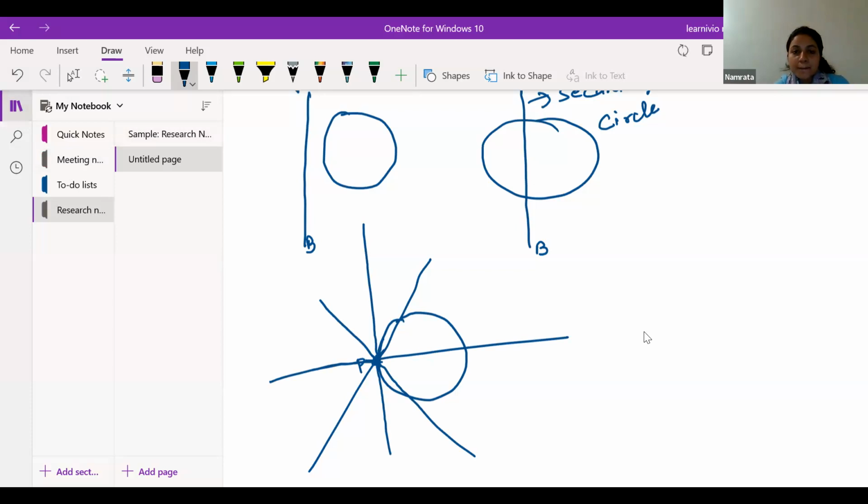So as we can see, we can draw only one tangent at one point of a circle. This point P is called the point of contact. So if any point is given, through that point you can draw one and only one tangent to a circle. Through another point, you can draw another tangent, but at point P, we can draw only one tangent to this circle.